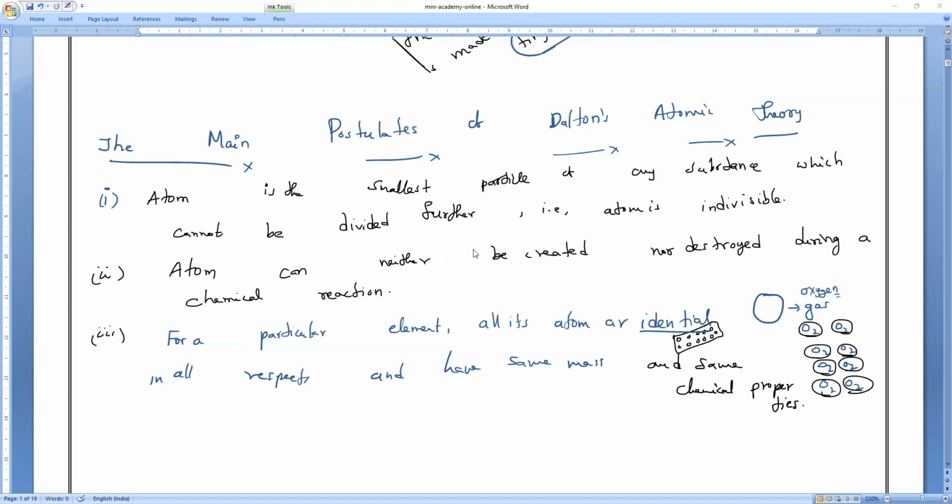This theory is based upon the law of chemical combinations. What he is describing about the atom is only Dalton's atomic theory. Clear?